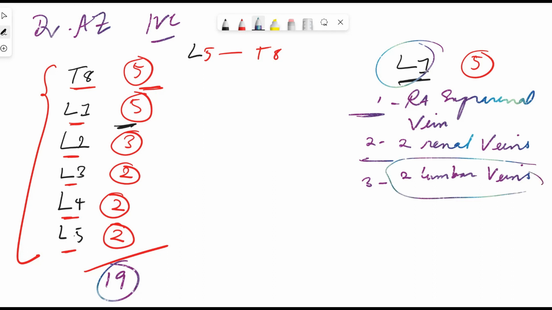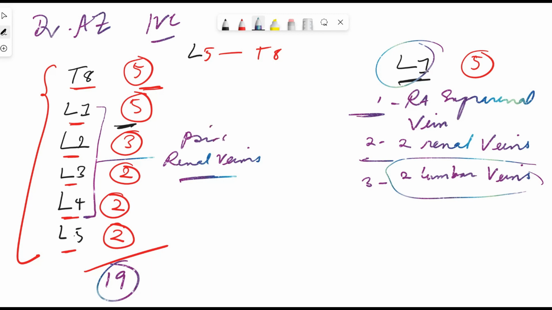You want to know that from L1 to L4, there are what are called renal veins. You know that already. But anyway, let us keep going.